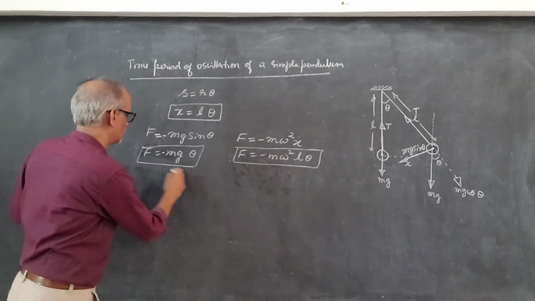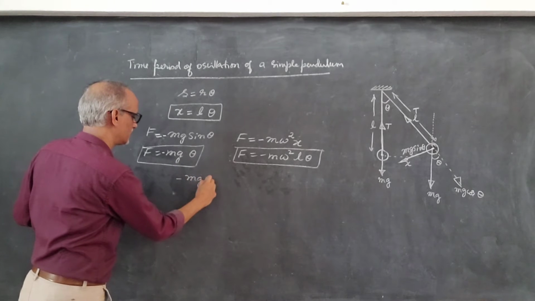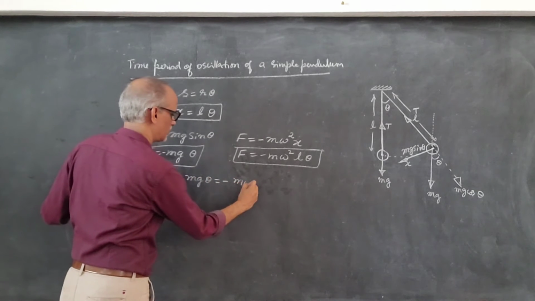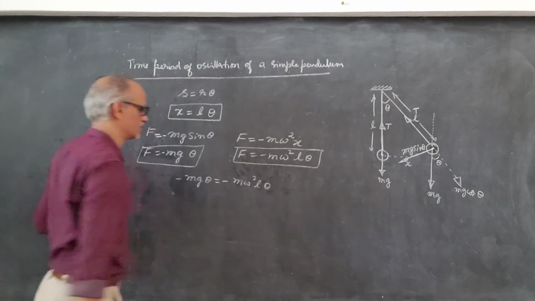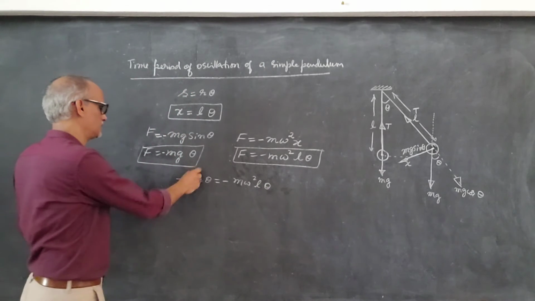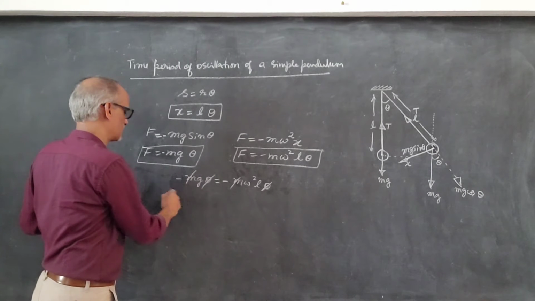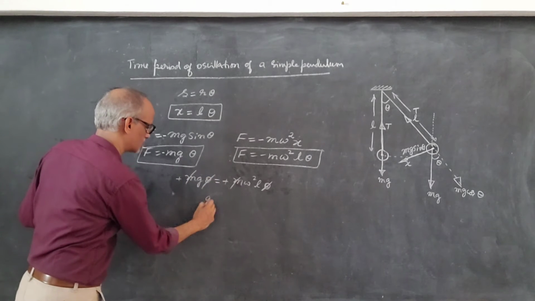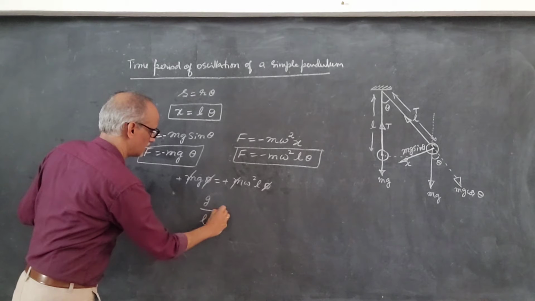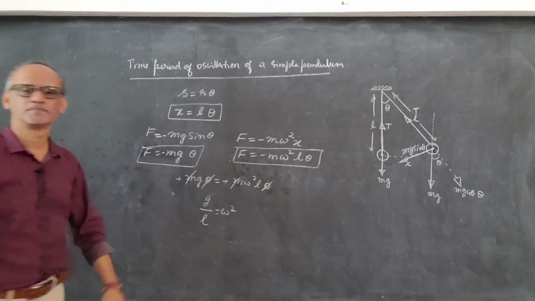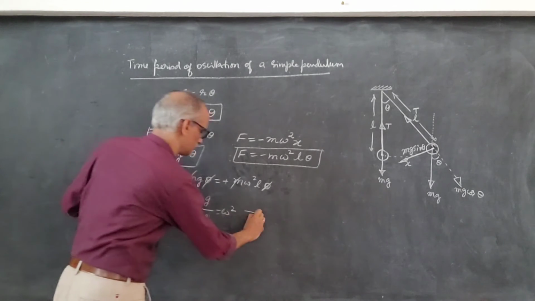So equate them. Minus mg theta is equal to minus m omega square L into theta. So m theta will get cancelled. Minus minus becomes a plus, and what is left here is g divided by L is equal to omega square. So from this, what is omega?